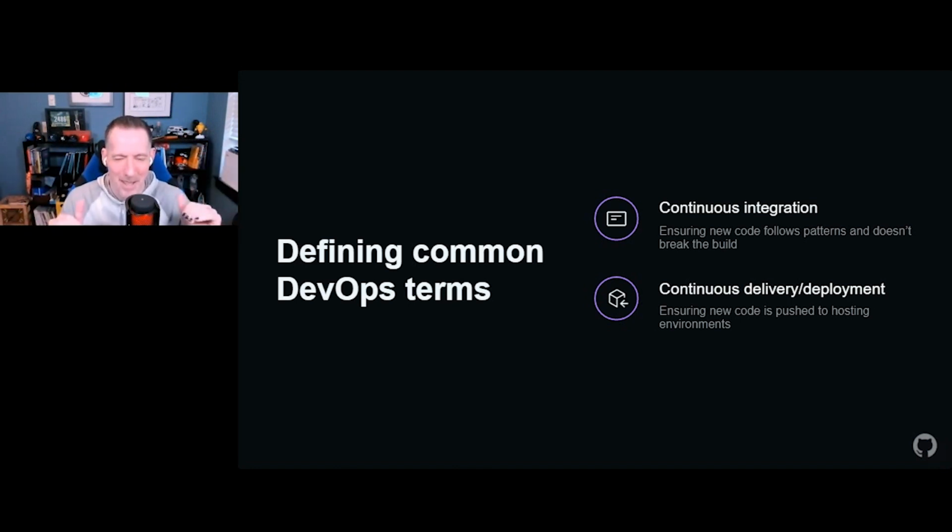I don't think it's necessarily overly important for what we're trying to do here. But continuous delivery, continuous deployment is now us taking those updates that we've made and pushing them out to where they need to be, making them available to our customers. So that's going to be pushing that out maybe to a staging server to do some last minute testing, or pushing that out to a production server.